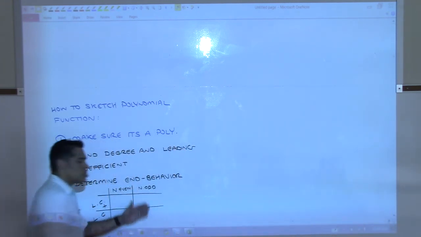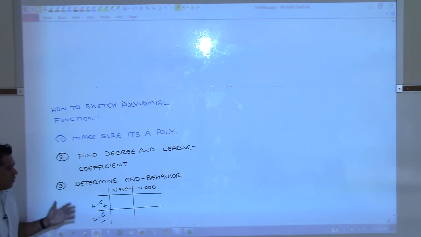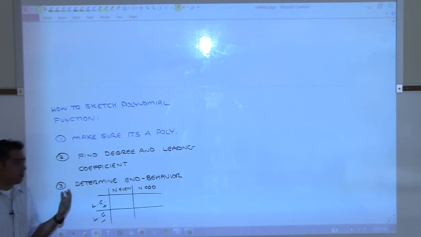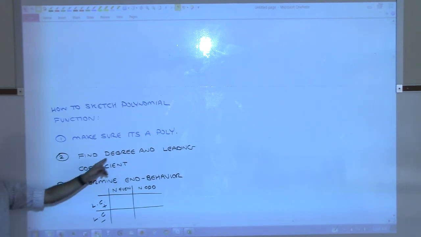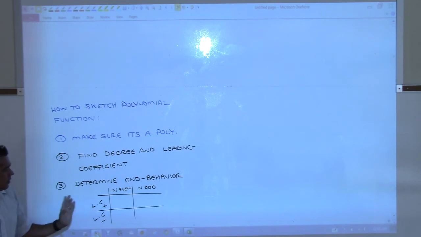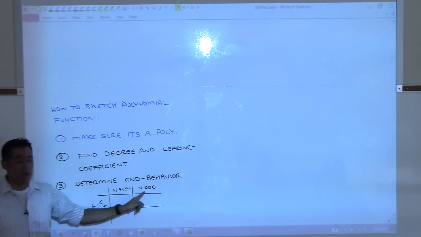So we're making a little chart here. And the way this chart works is that we're going to look at our degree, right? And our leading coefficient. N is our degree. And what we're going to ask ourselves first is, is n even or odd?